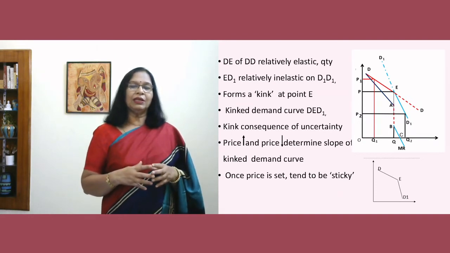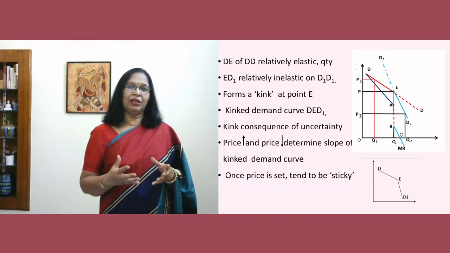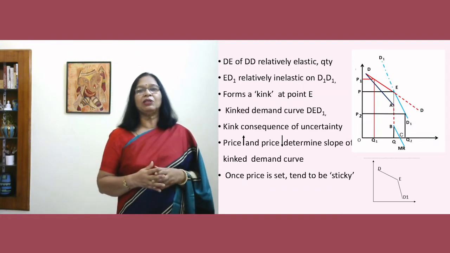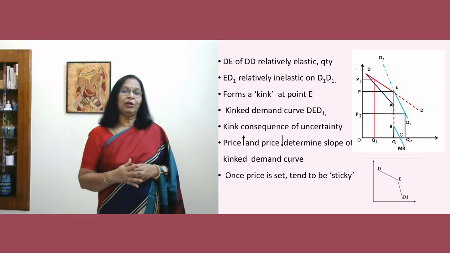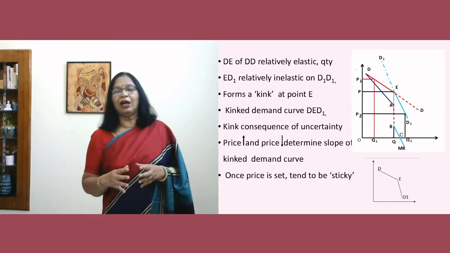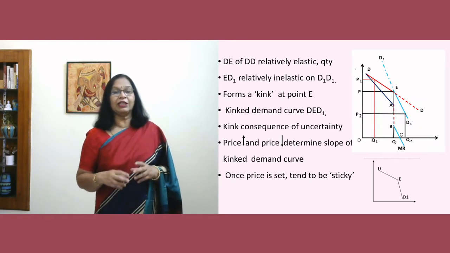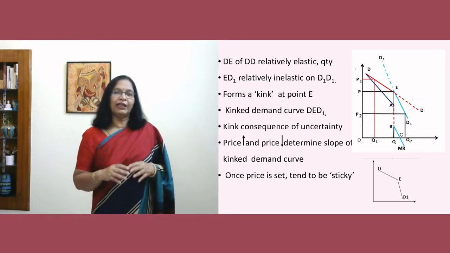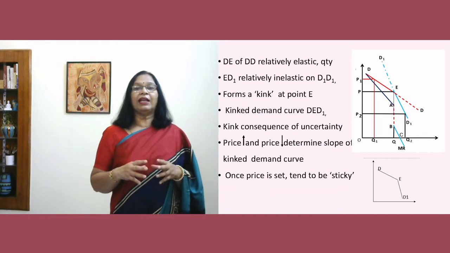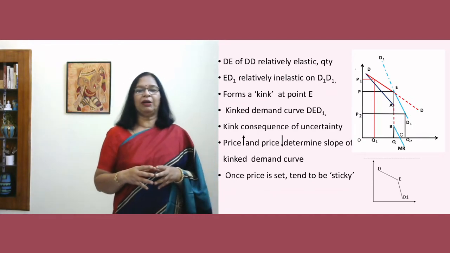So the question is, why did this kind of demand curve emerge? It emerged because it was not possible for the firm to determine how the other firms would respond to its reduction in the price. That is the reason why there is an indeterminateness about the demand curve.